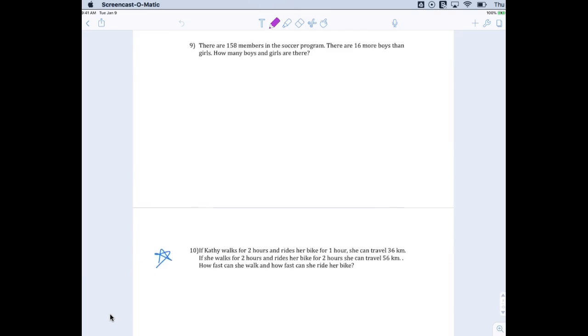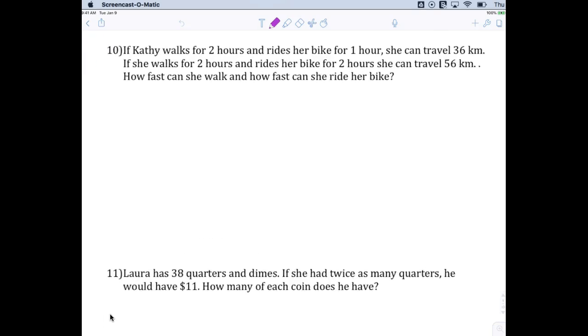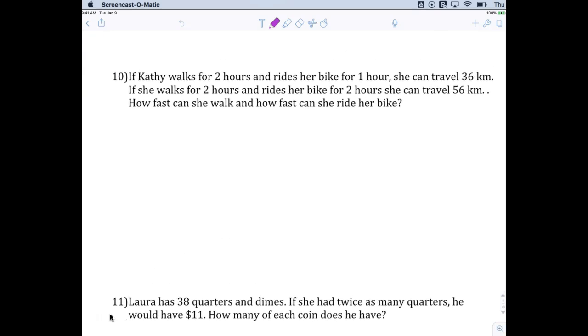Now, I want to look at question number 10. First thing we need to do is, do I need to explain distance equals rate times time to anybody? Let's say you're driving in your car at 50 miles per hour. First of all, that's a rate, because that's telling you how fast you're going over a period of time.